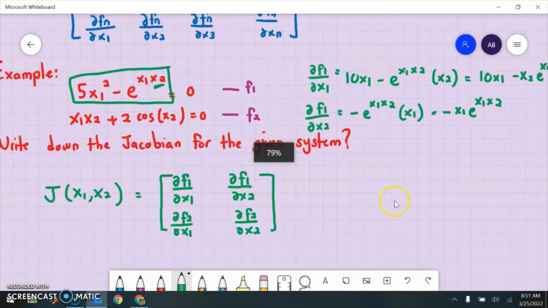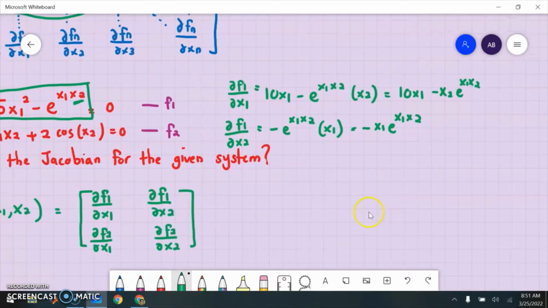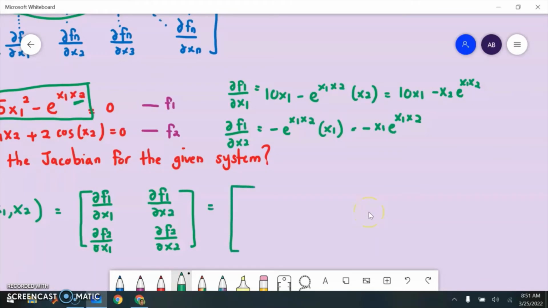So we have the first row: function 1 with respect to x1 is 10x1 minus x2 e to the x1 x2, and function 1 with respect to x2 is negative x1 e to the x1 x2. This is my first row.